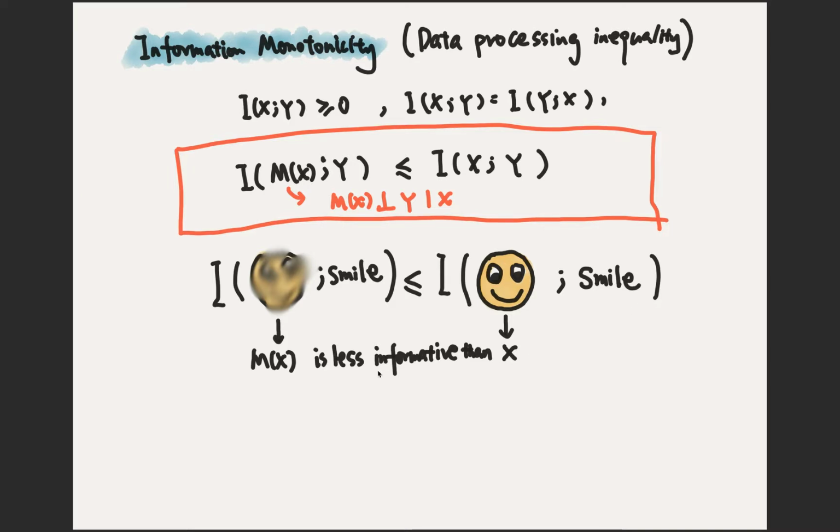Because of this property, we can see why we call it information monotonicity: the original emoji is actually more informative than the processed emoji, and in this case it has higher mutual information. So this is why we call it monotonicity here.